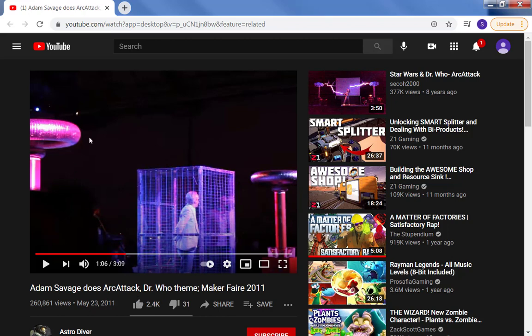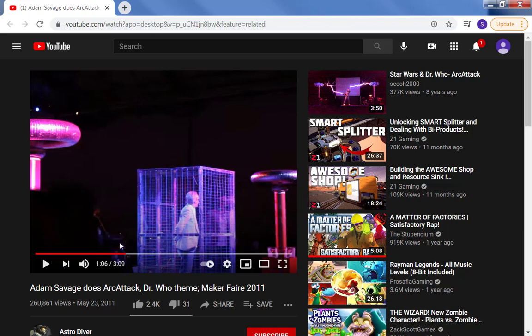We have these two kind of mushroomy things. Those are Tesla coils. And Tesla coils are a great way for creating a large charge separation. Okay. You can also see there's a guy in the background here. That guy in the background is a musician.